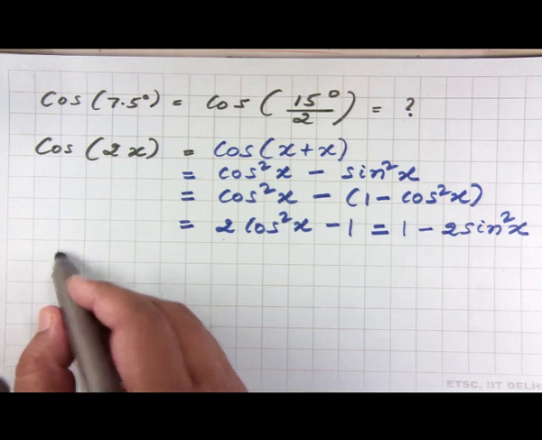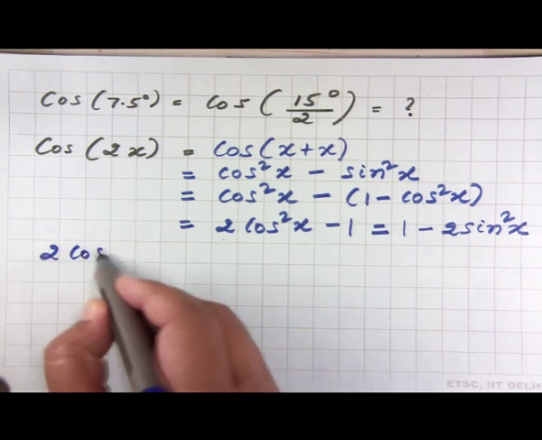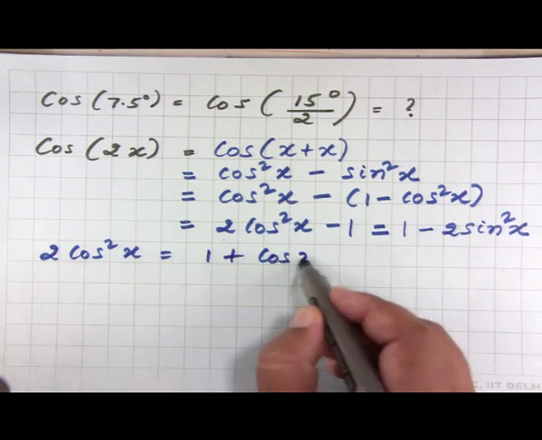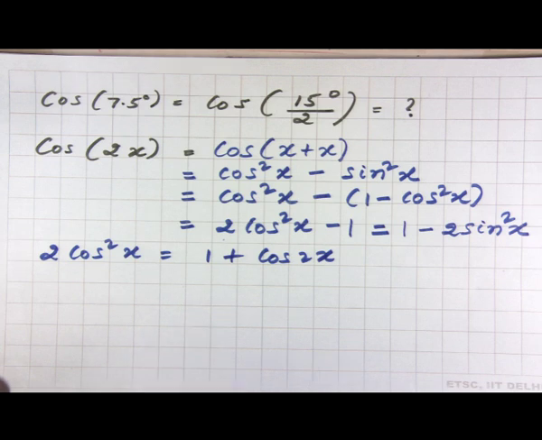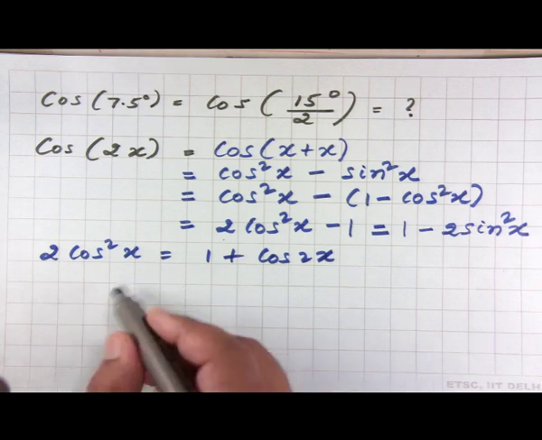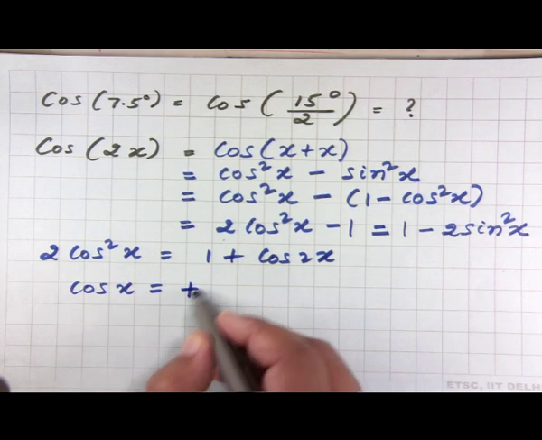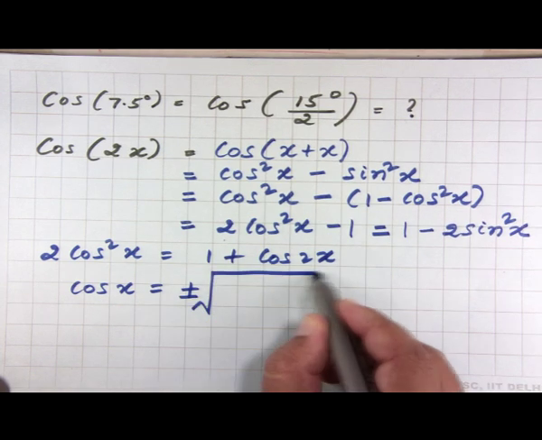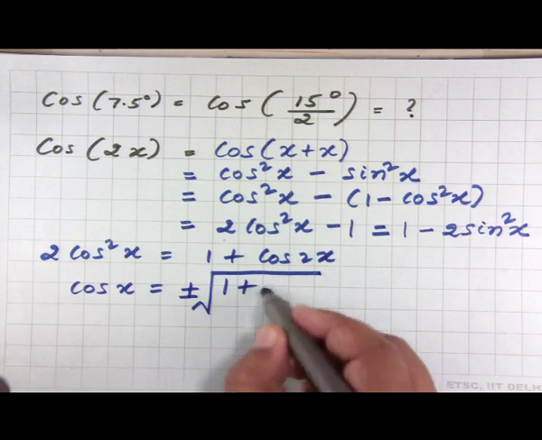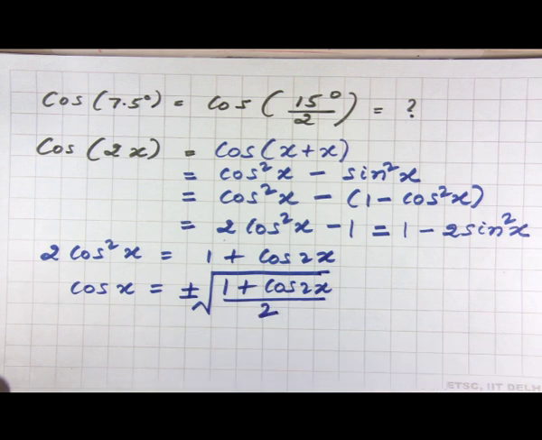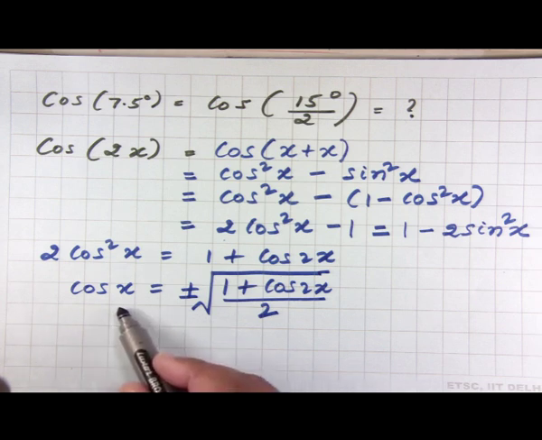So, we can write 2 cos square x is equal to 1 plus cos 2x, and therefore, cos x is equal to the square root of that expression over 2; the ambiguity about plus and minus will depend on the value of x.